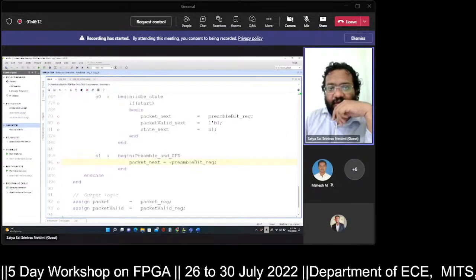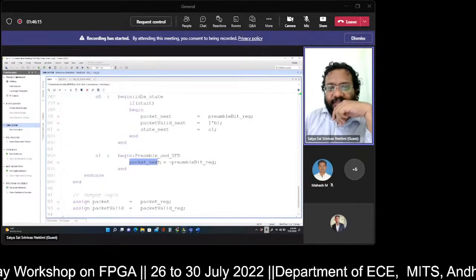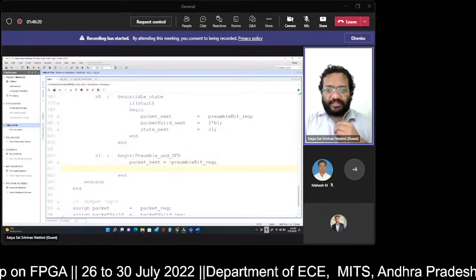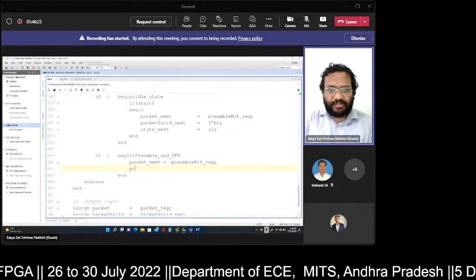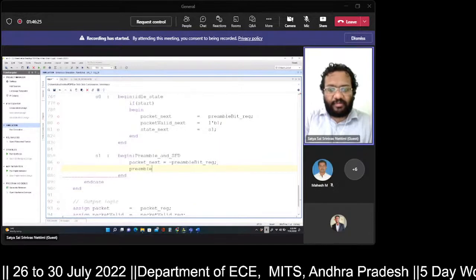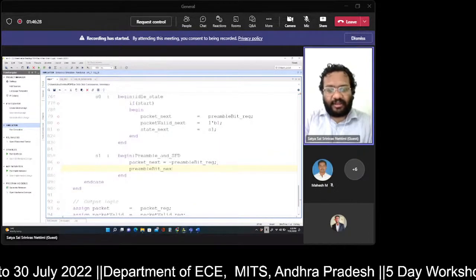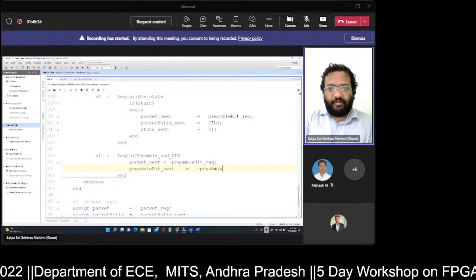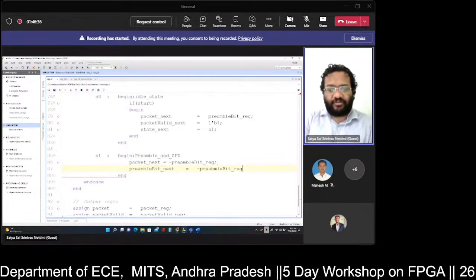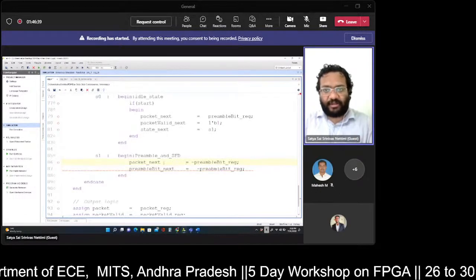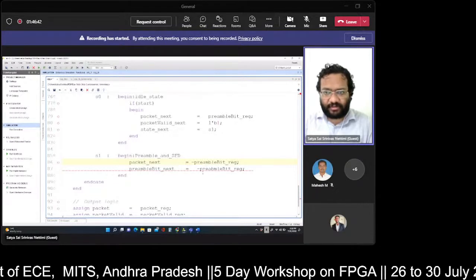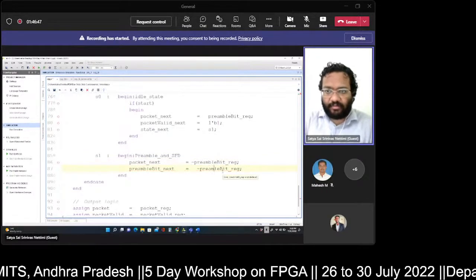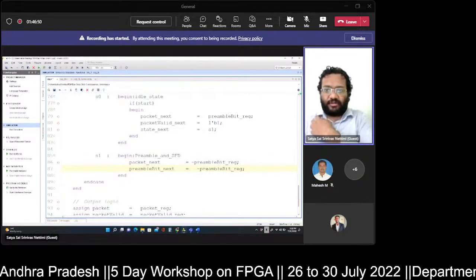So whenever you generate the packet value, similarly you have to update the preamble bit register. So to update the preamble bit register, preamble bit next is equal to the negation of the preamble bit register.